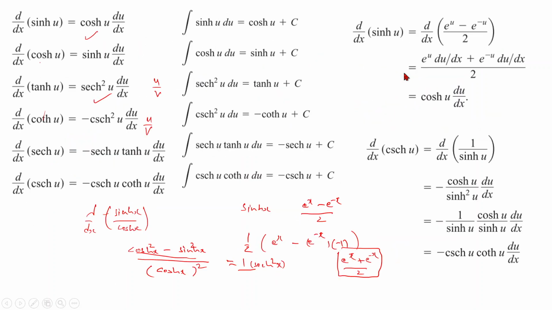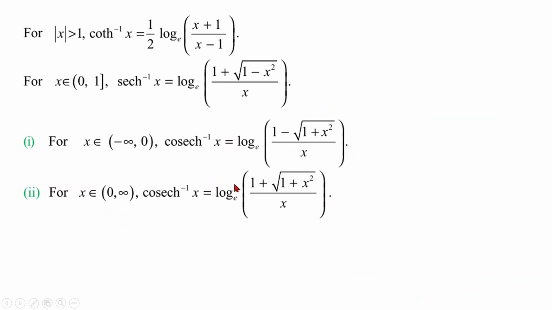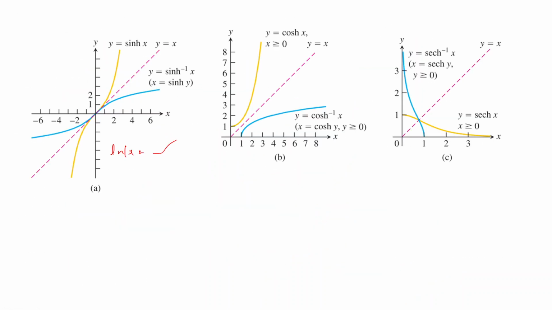Let's see if you are getting a negative number for secant h inverse. You are. This is a negative of some positive number. That's why they didn't keep mod here, because u is anyway between 0 and 1. Secant h inverse u, where is that? Secant h inverse u, which is this one.